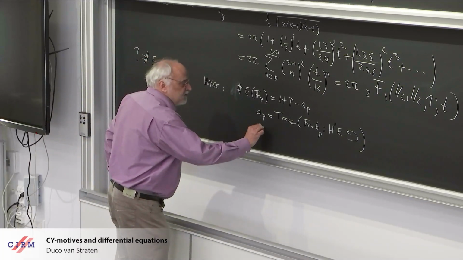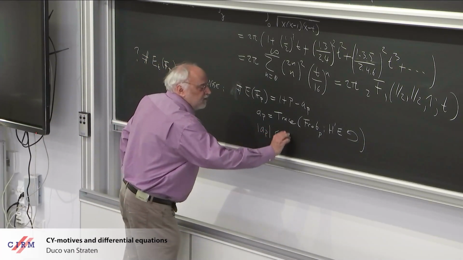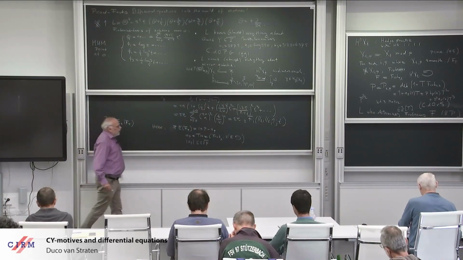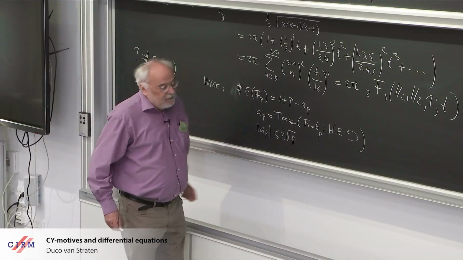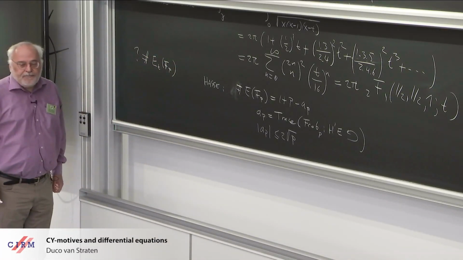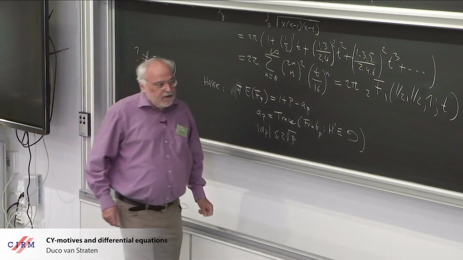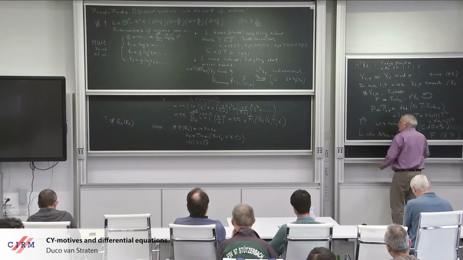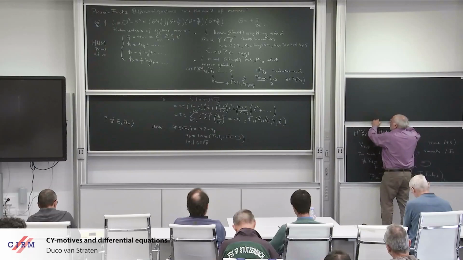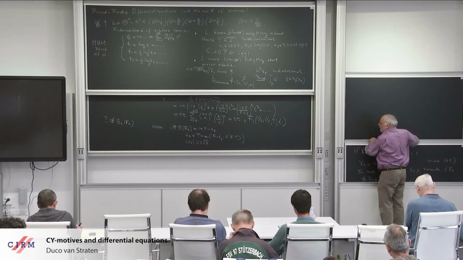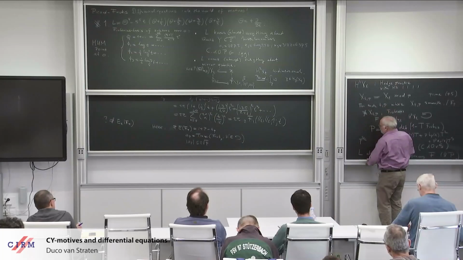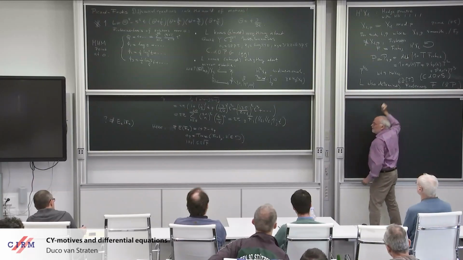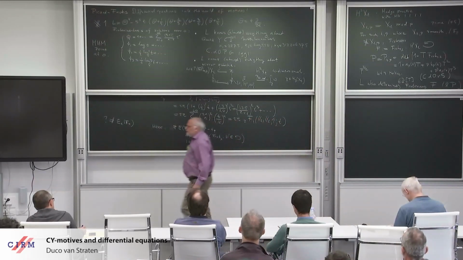And Hasse's theorem is that the size of this trace cannot exceed 2 times the square root of p.